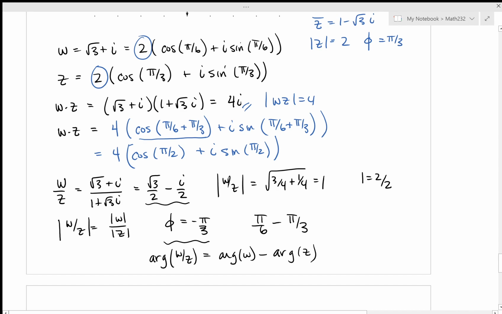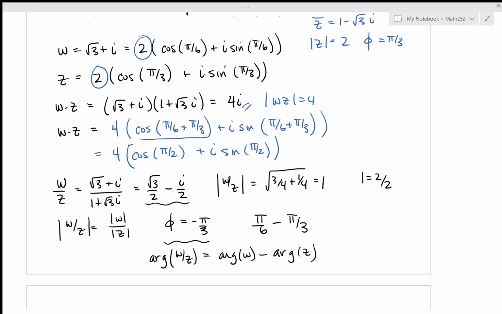Similarly, above I multiplied the moduli and added the arguments. When I divided the moduli, I subtracted the arguments.